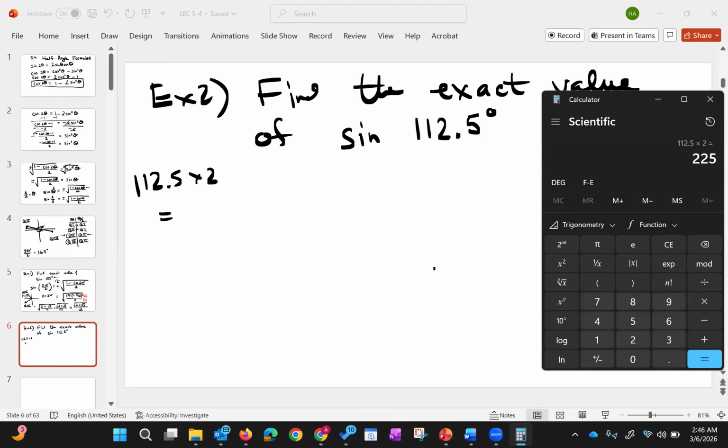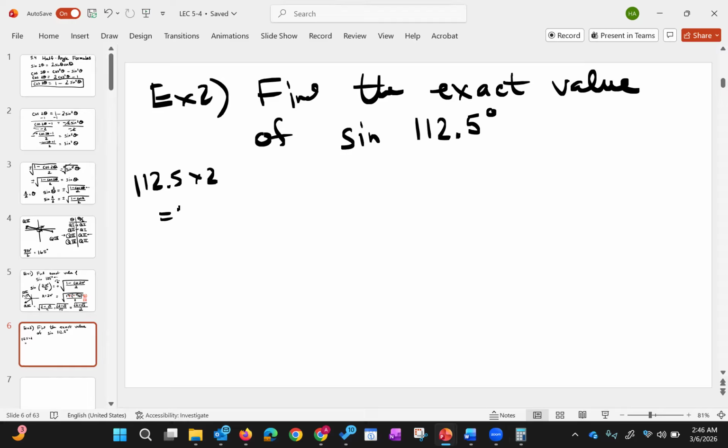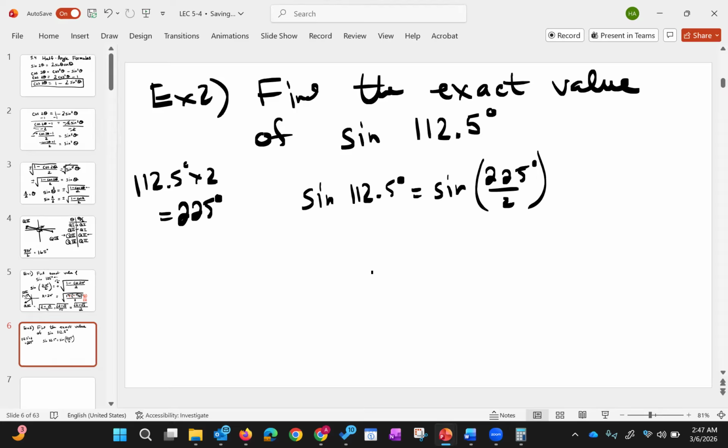Oh, 225. Okay. So in order to get the exact answer of sine of 112.5, I could use double of that angle initially, so that's this 225 degrees. Here's the way we're going to write it. We say sine of 112.5 degrees is the same thing as sine of 225 degrees divided by 2, parentheses if you like there.